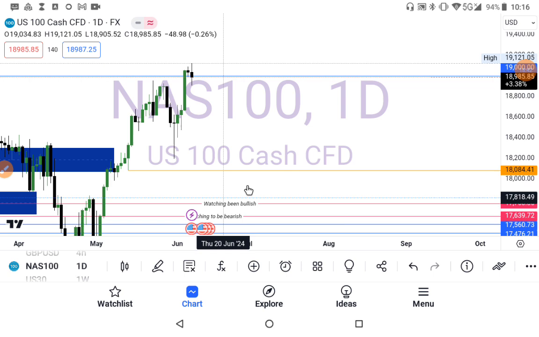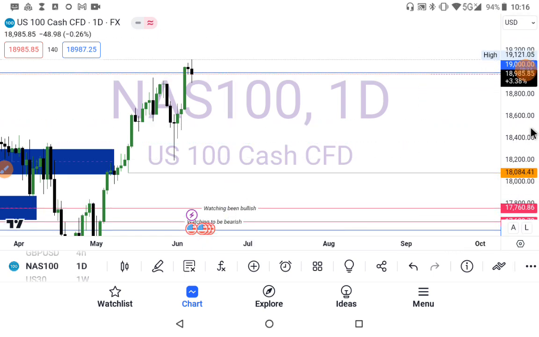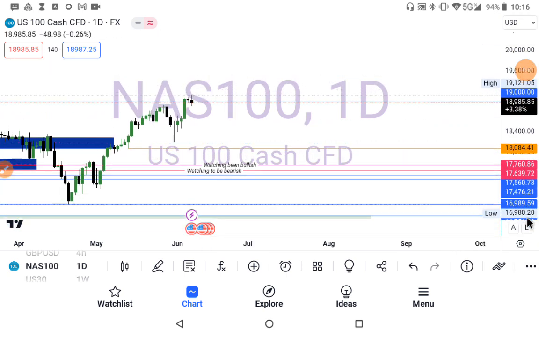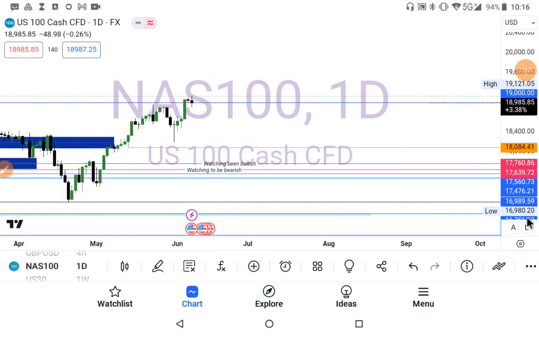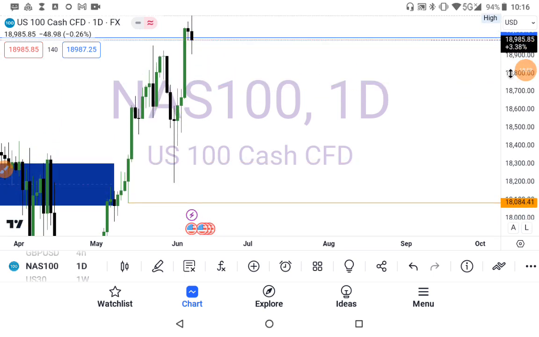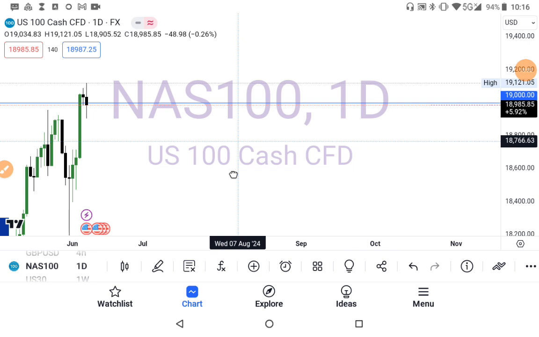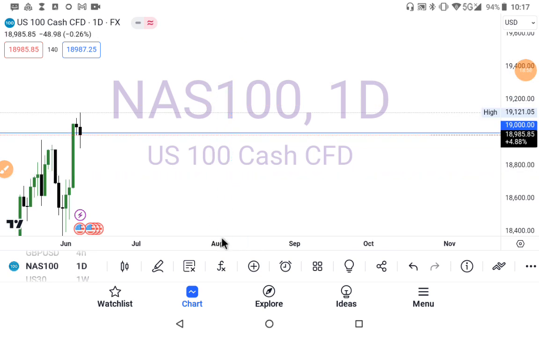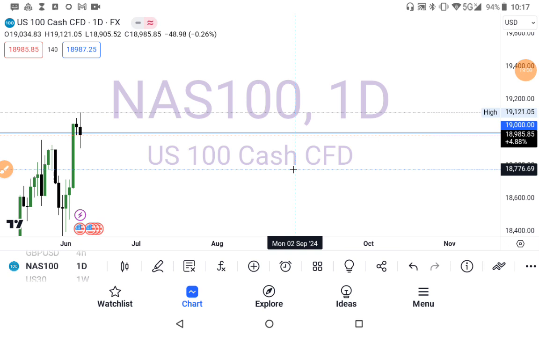So what else? What next? Where else are we going? At this junction on Nasdaq, I will only be interested in 19,200.